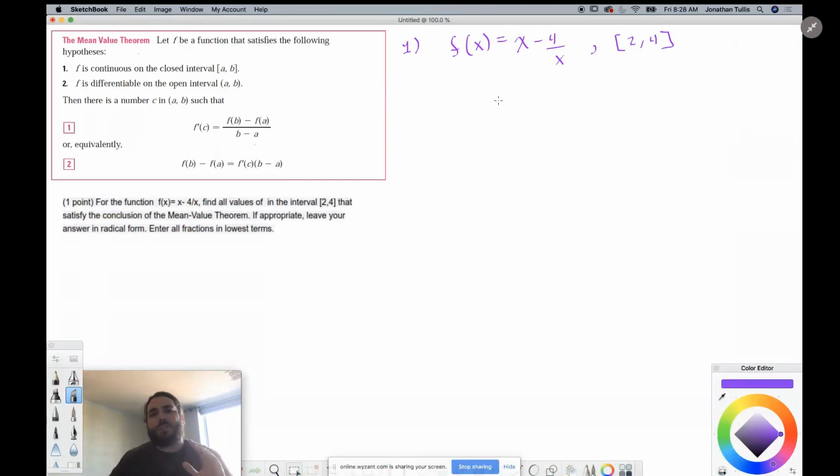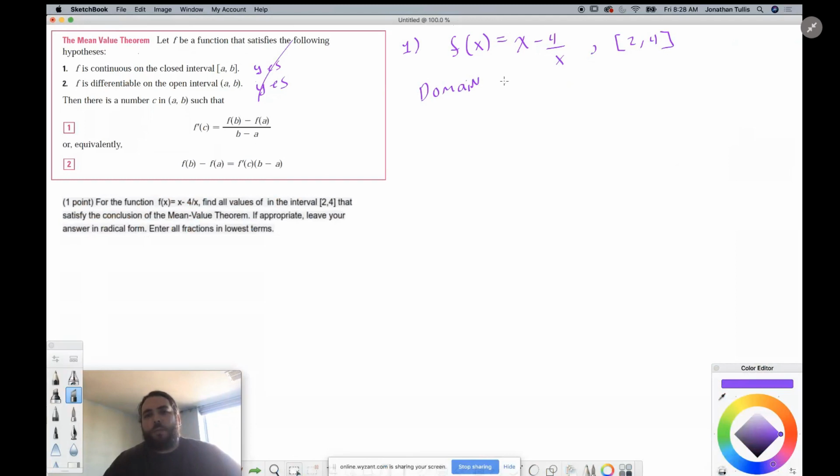You can't just go yes, yes, and then do this part. That would be wrong. You need to show it. So the first thing you need to do is find the domain of f. And the domain of f, as you can see here, is clearly all real numbers except x cannot be equal to 0.